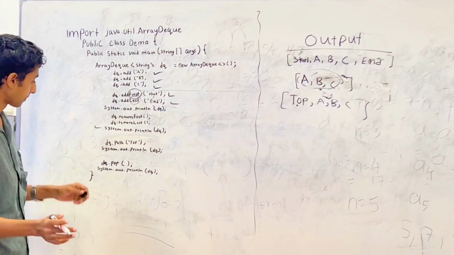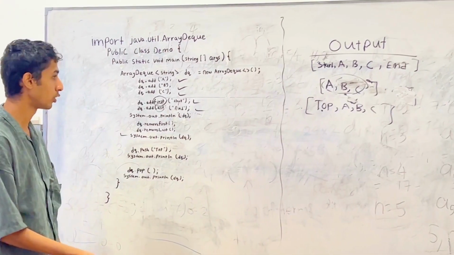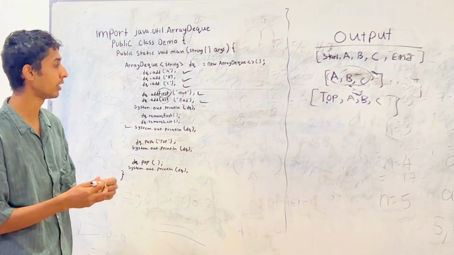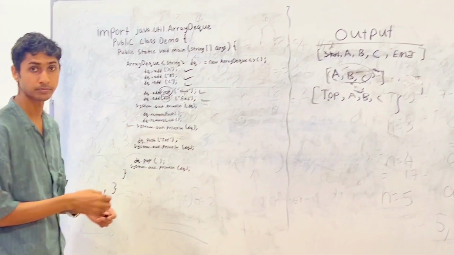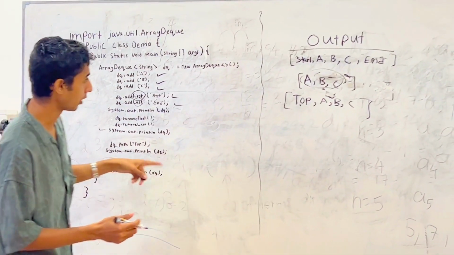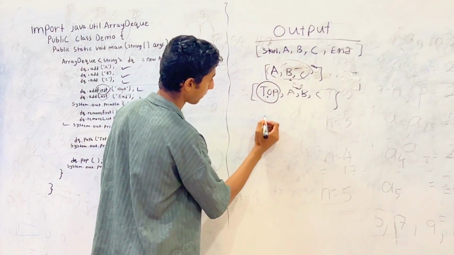And finally there is something called dq.pop. This is also a stack behavior to delete an element. Pushing is about adding an element. So dq.pop will remove this element.